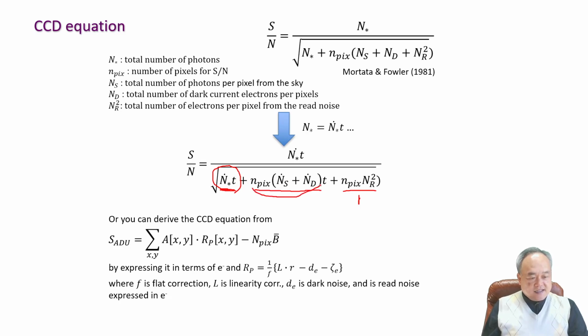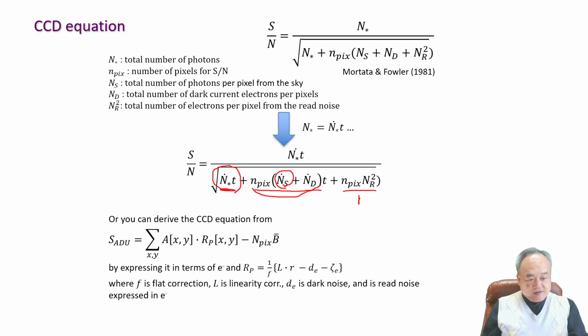And then the second term is the true noise from the sky. This is not the inclusive term. This is the true noise from the actual nighttime sky. Likewise to the source count, we can also express the count from the sky in terms of a count rate.